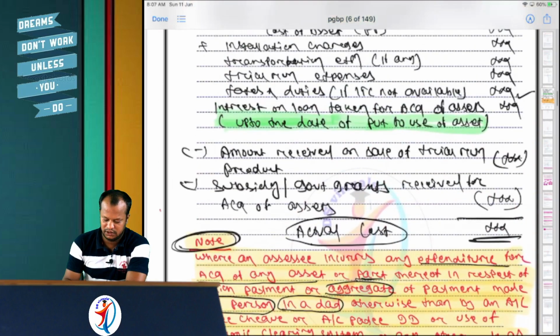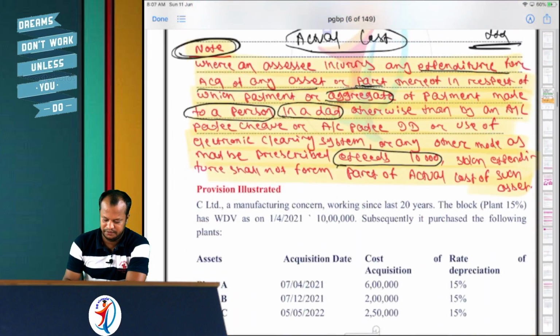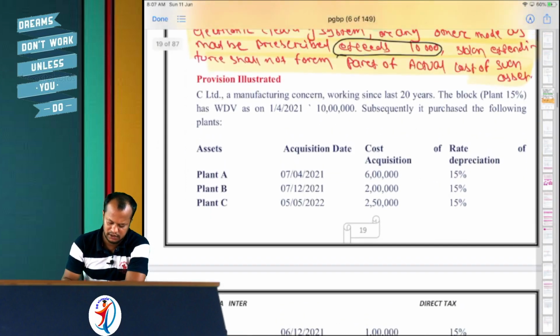Today is the fifth class of PGBP, Profit and Gains of Business and Profession. Kindly read carefully the illustration. Last class we have already discussed up to additional depreciation.